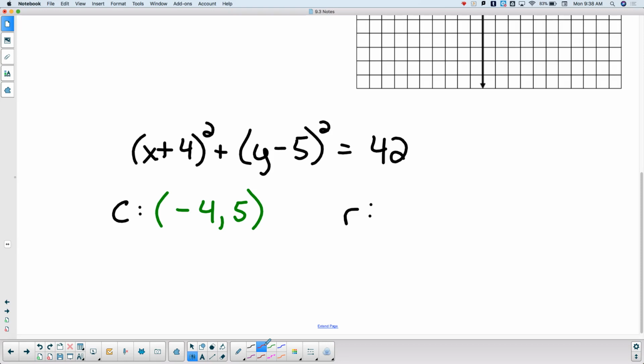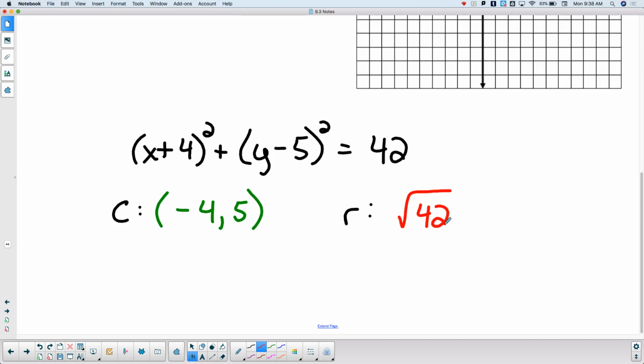So what is the radius then, Logan? Don't do it. Because remember, how do we give radiuses? Simplified radical form, right? So start with the square root of 42. So it's going to be the square root of 42.